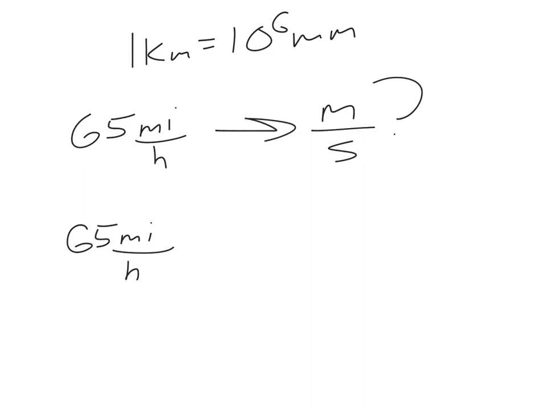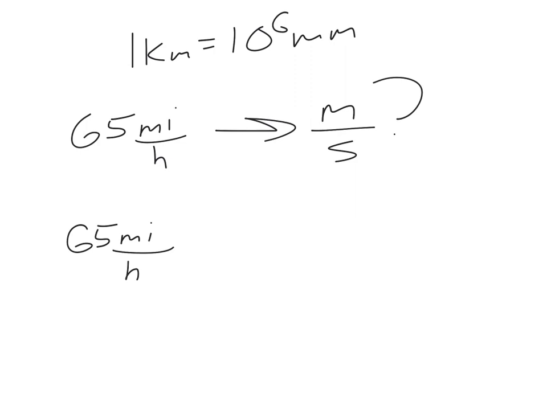Now, I think I have it memorized, but I always check just in case because I don't remember how many miles are in a kilometer. If you don't have that conversion factor memorized, no worries. Most tests will give it to you in case you need it, or you can just Google it if you're doing homework or something. So let's ask Google, how many miles in a kilometer?